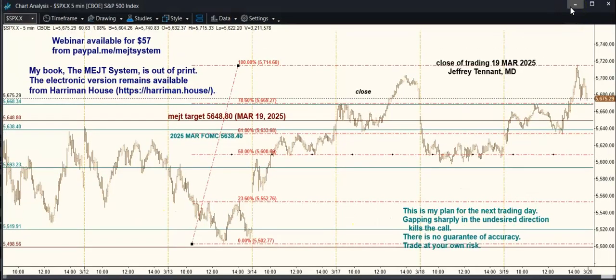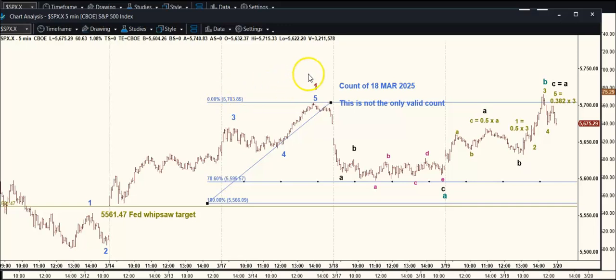So my thoughts are that we've completed the first wave up, we're making an ABC, and after we hit the C, I think that's a good candidate for the end of B, and it's a good chance that's the end of wave 2, and then we're going to have a big rally, and I think the real future for this market is on the upside.